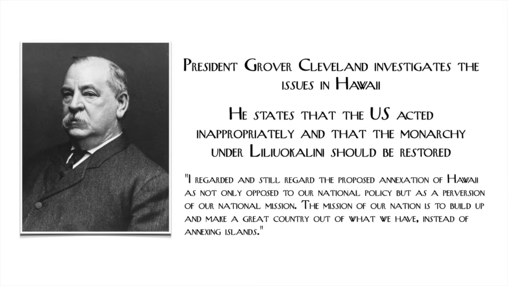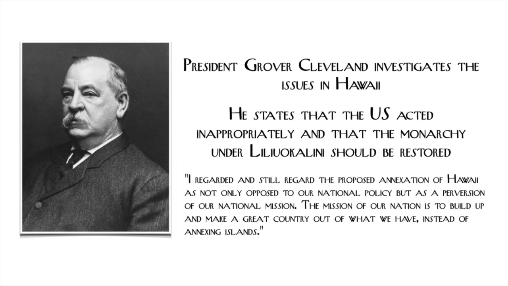Well, President Grover Cleveland has been a pretty clear anti-imperialist. And President Cleveland has an investigation ordered into what's been happening in Hawaii. And he states in the conclusion that the United States acted inappropriately and that the monarchy under Queen Liliuokalani should be restored. He believes that what happened in Hawaii was un-American and illegal.